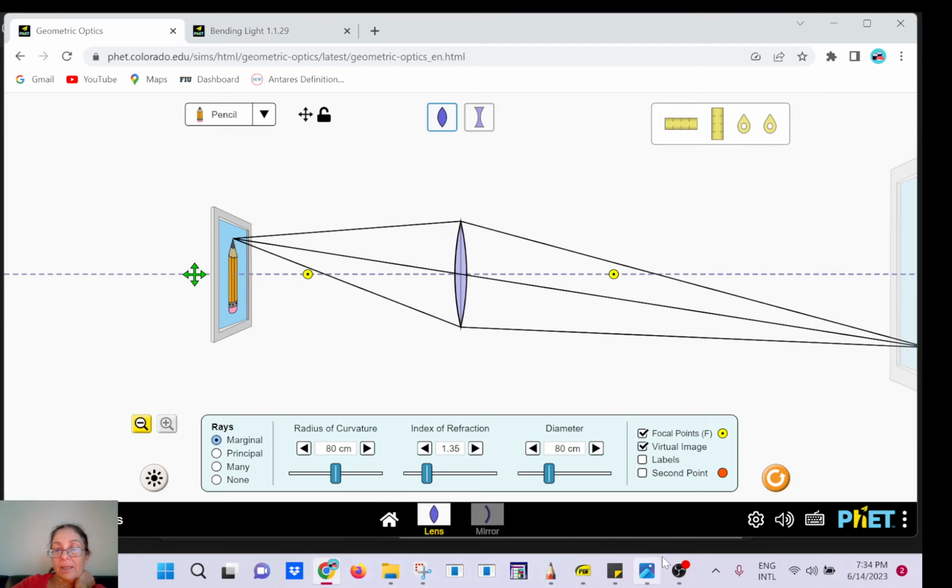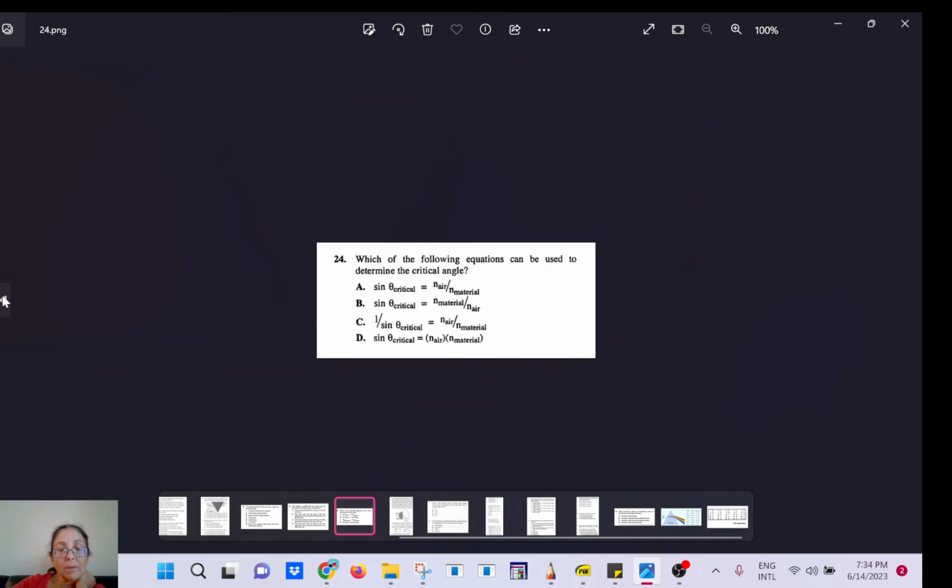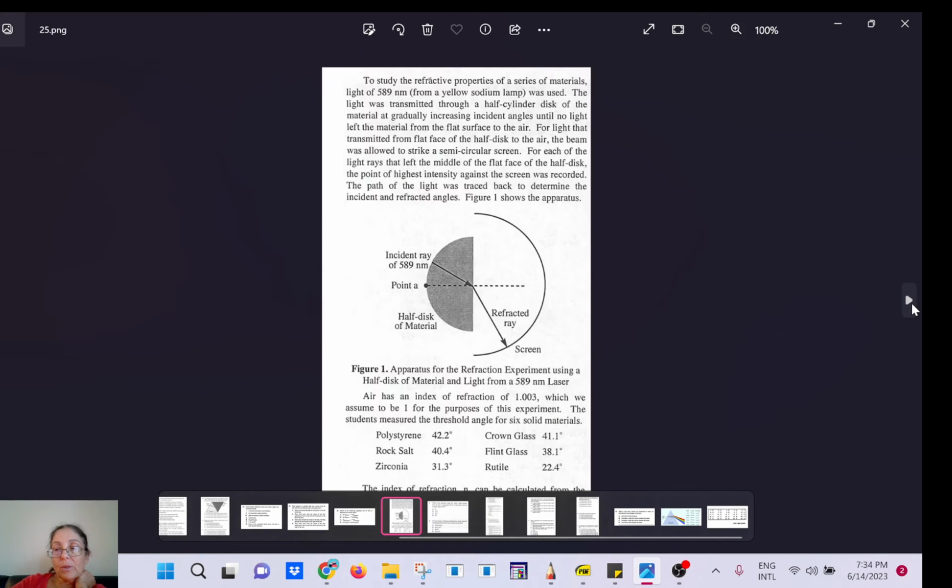So we need to find which of those materials is the most refractive. And the most refractive will be the material with the smallest critical angle, 22.4. So the smaller the critical angle is, the smaller the focal length is, because you get more refraction.